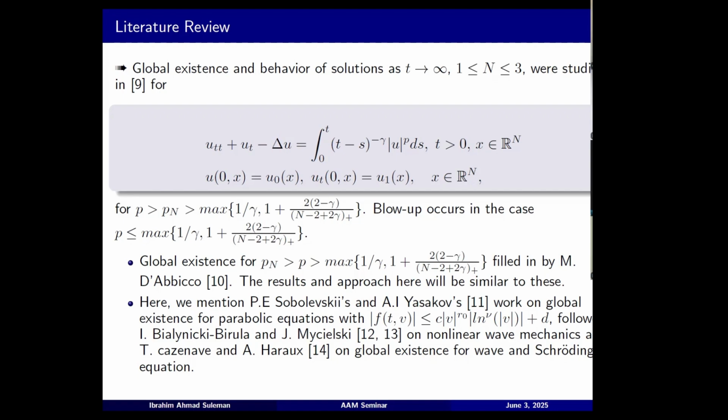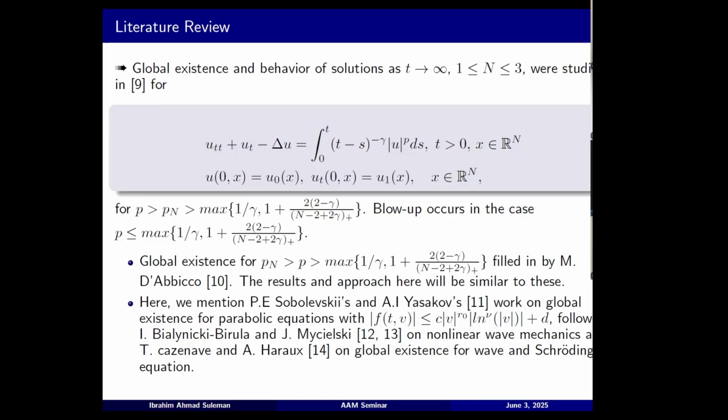Now, as to our nonlinear term, we have this non-local part also, and we have this kernel, which is singular. However, instead of only u to the power of p, we have some powers and a logarithm beside them.